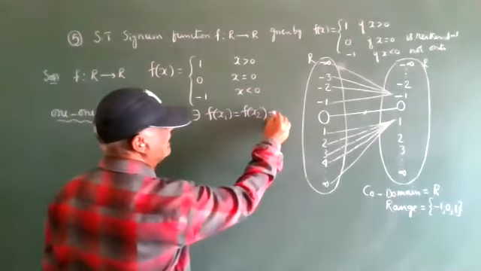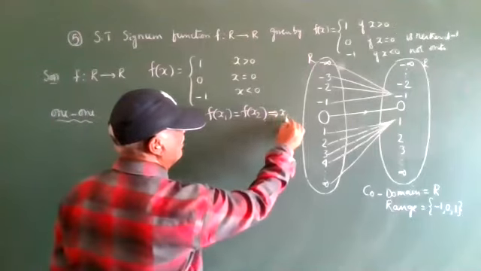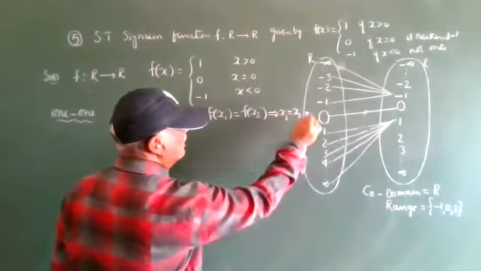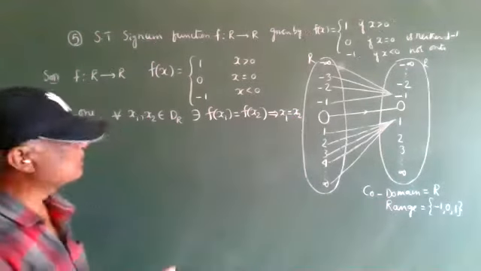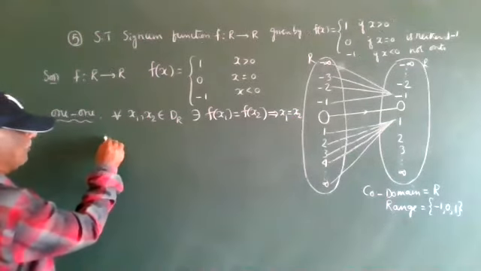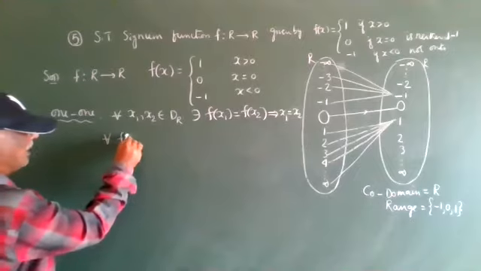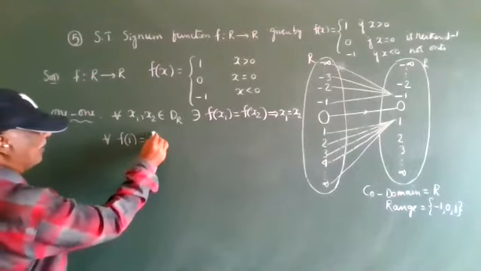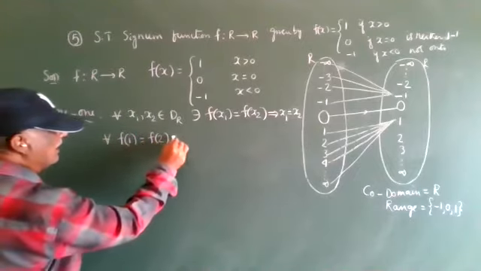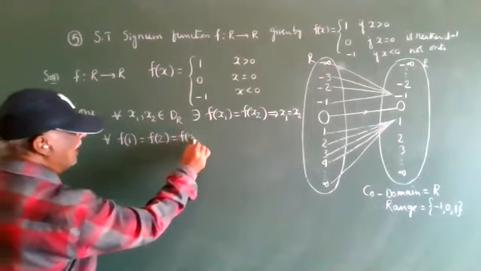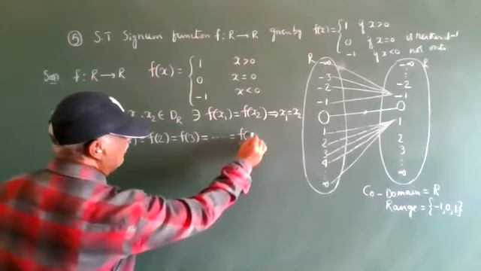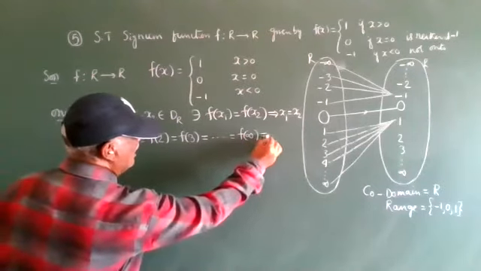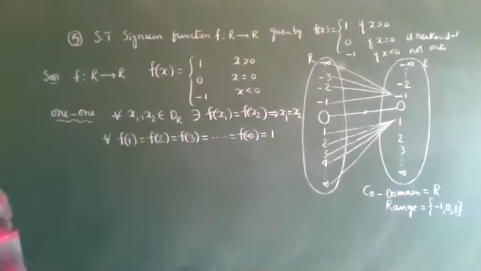That implies x1 is equal to x2. We have to show that x1 is equal to x2. But what happens is f of 1, f of 2, f of 3, all positive values up to infinity, all have the same image 1.